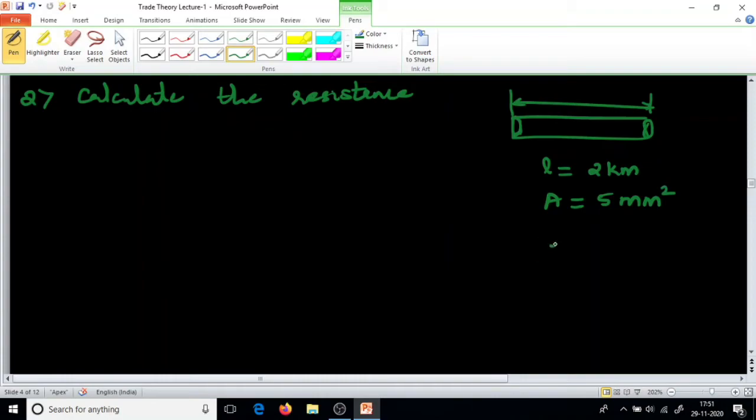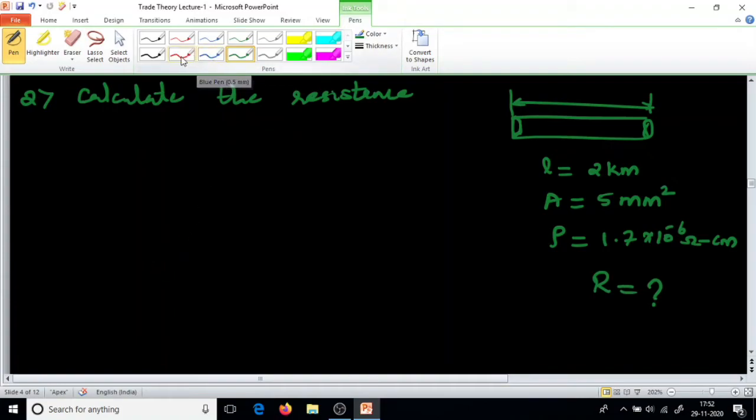And the rho of copper, what is the resistivity or specific resistance of copper? This is a copper material, that is 1.7 into 10 to the power minus 6 ohm centimeter. So this is the data given. We have to find the resistance R.